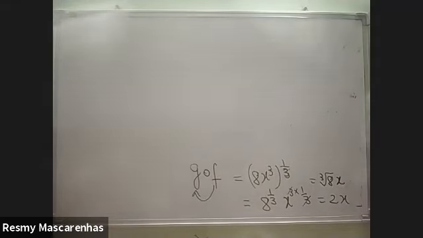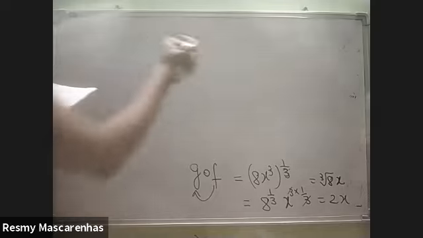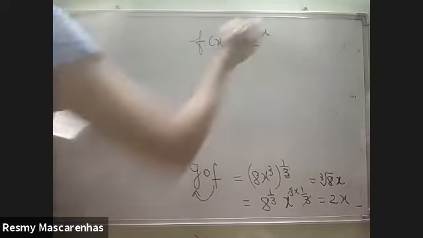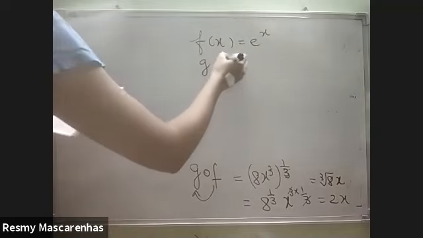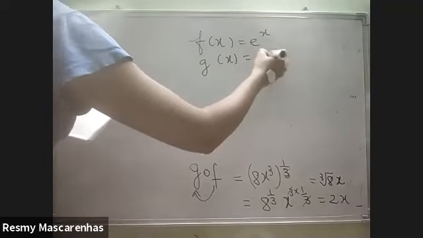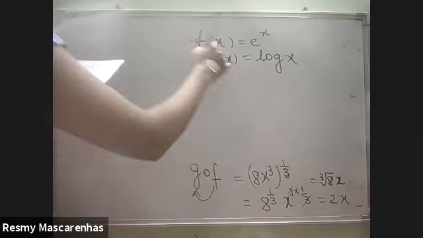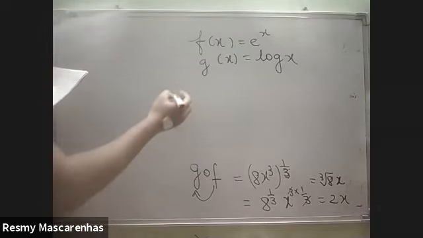Third one, they've asked to show FOG is equal to GOF. F of x is given to you as e raised to x. So you have to show that FOG is equal to GOF.